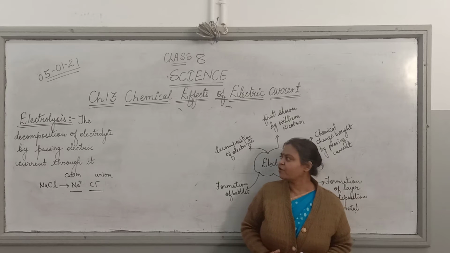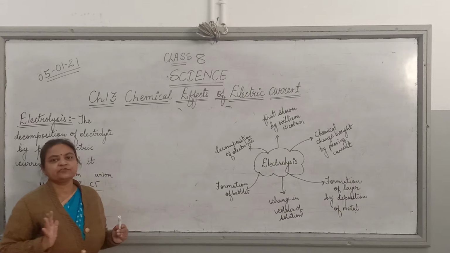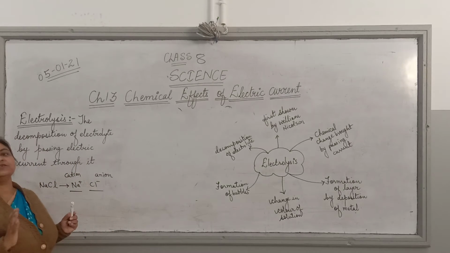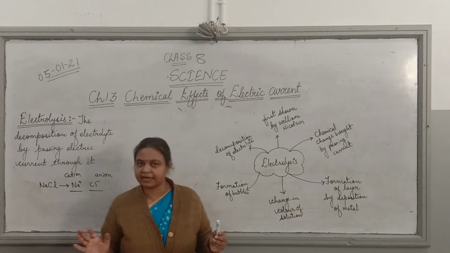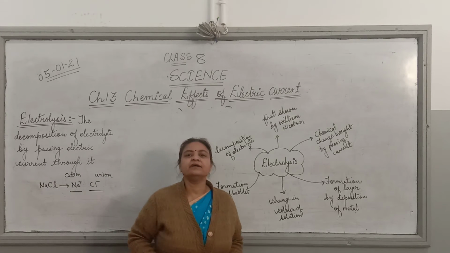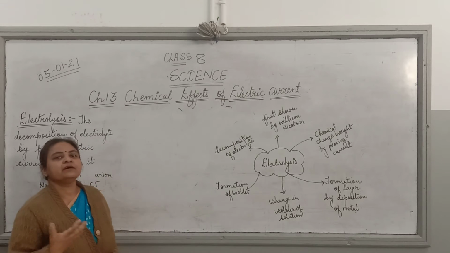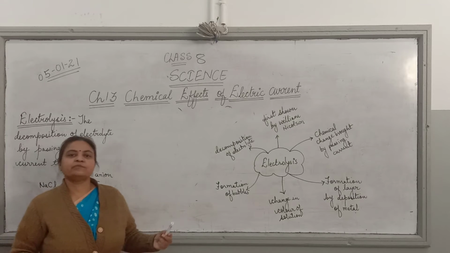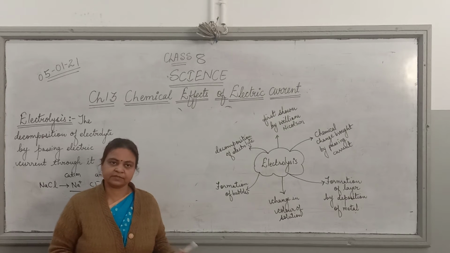So what will happen if we pass electric current through acidified water? Pure water is not conducting electricity, so we have to add a few drops of acid in it, or we can add a few drops of NaCl solution.